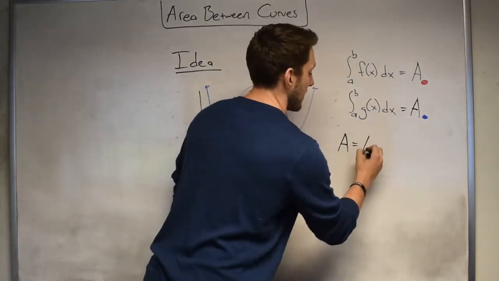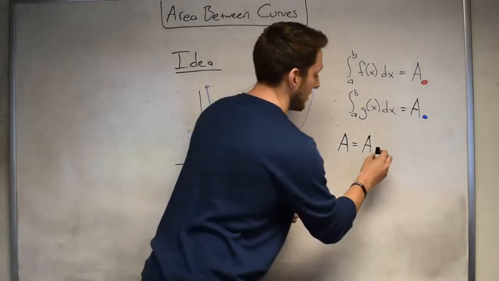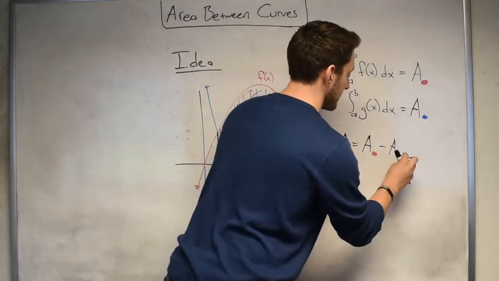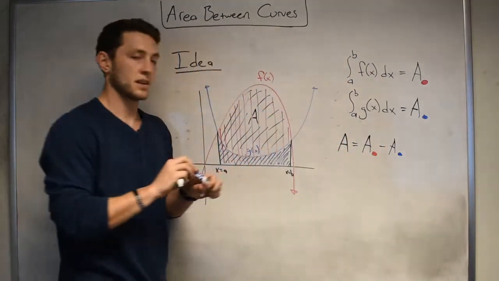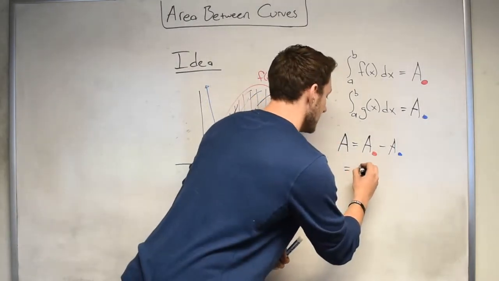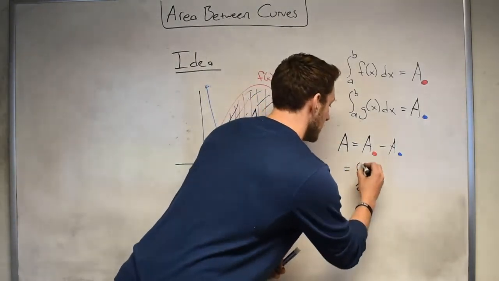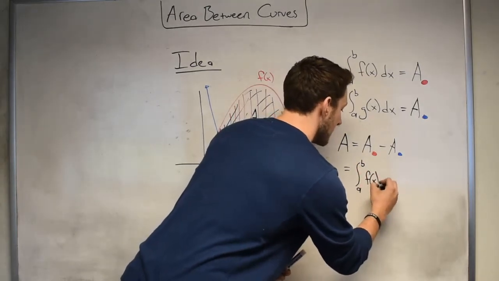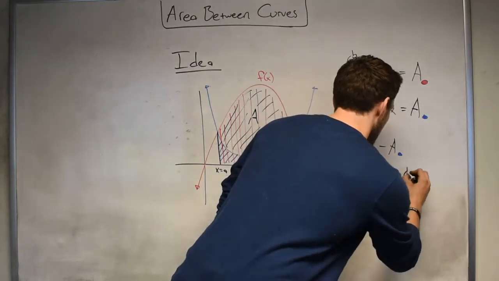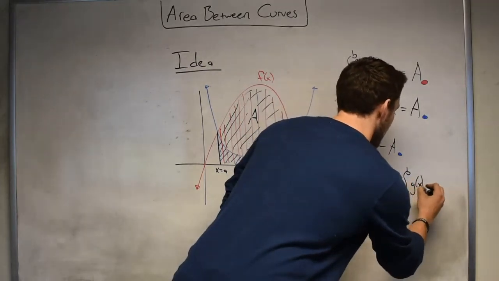That's just the red area minus the blue area. Now we can simplify by substituting in. This is just the integral from a to b of f of x minus the integral from a to b of g of x.